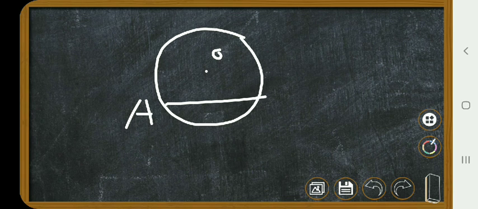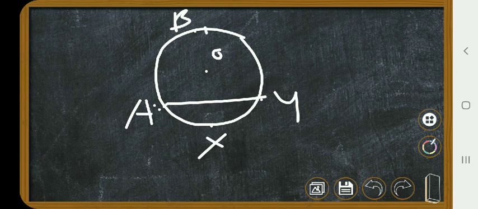It is denoted by AY, and suppose one more point is there, X, and here B. Now see this, the chord divides the circle. This chord AY has divided the circle into two parts, this upper part and this lower part.